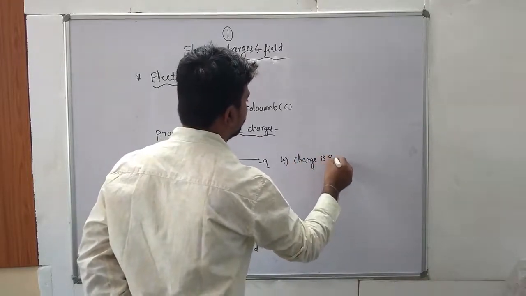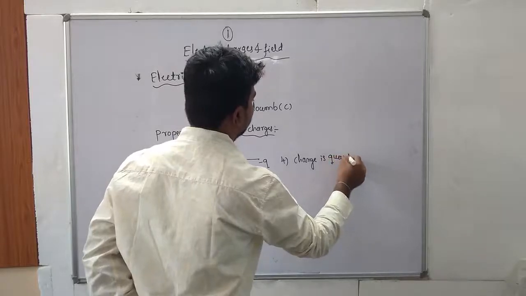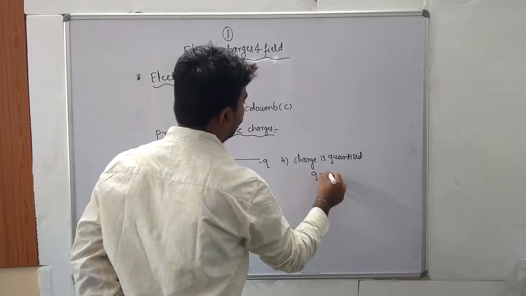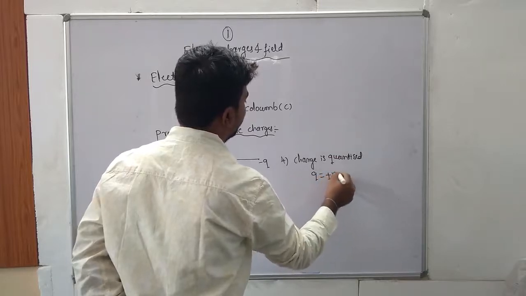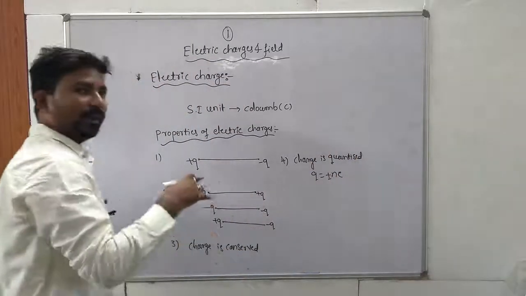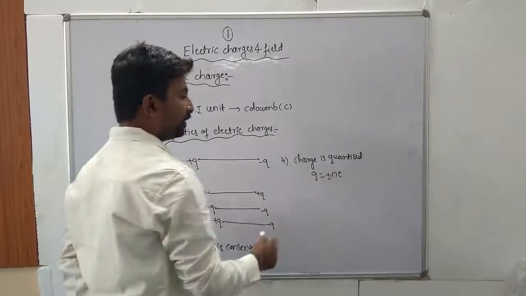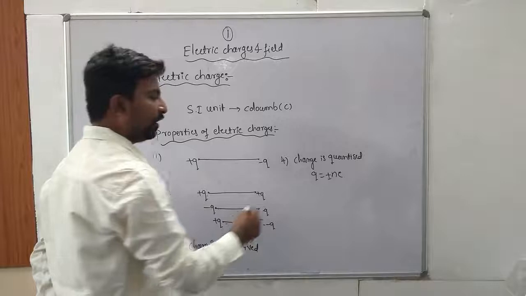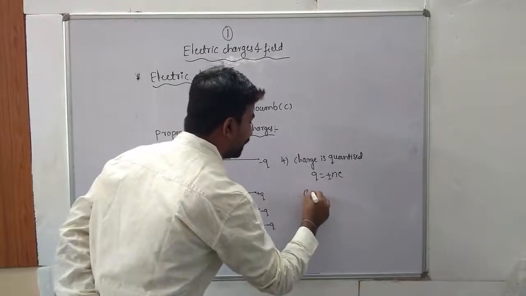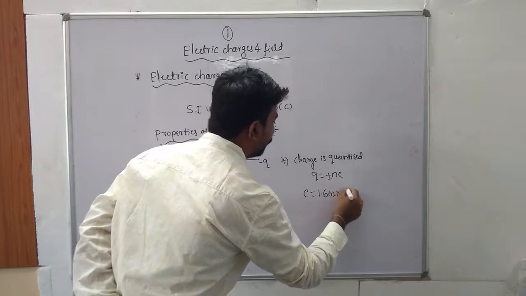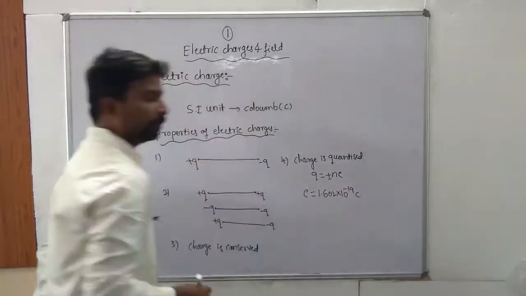Q is equal to plus or minus N e, where N is the number of electrons and e is the charge of an electron. The charge of an electron is 1.602 into 10 to the power of minus 19 coulomb.